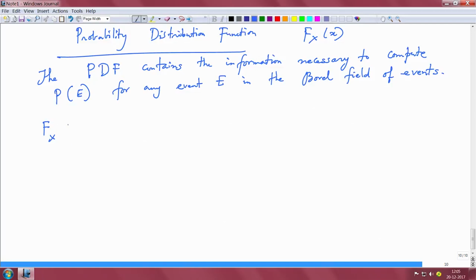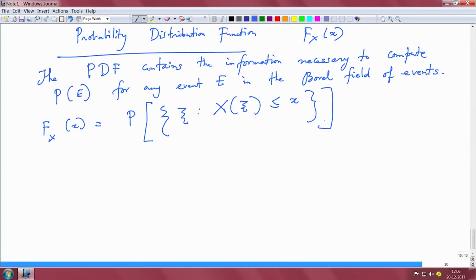the probability distribution function is basically the probability over all zeta such that under the mapping X of zeta, you are looking at a collection of all zeta such that this mapping is less than or equal to some chosen x, right. So, this is given as the probability that the random variable X takes values in minus infinity to some small x, some chosen number.